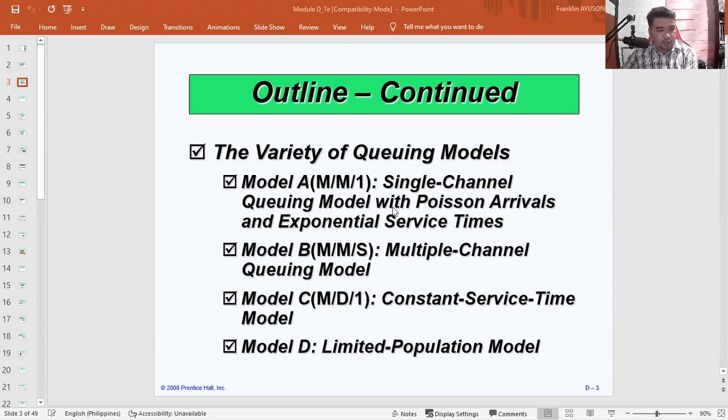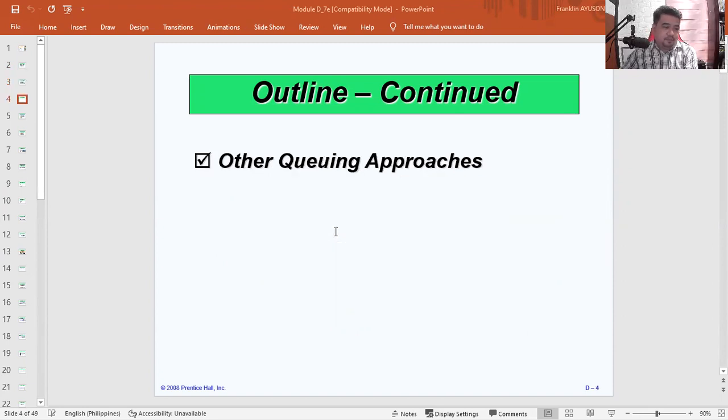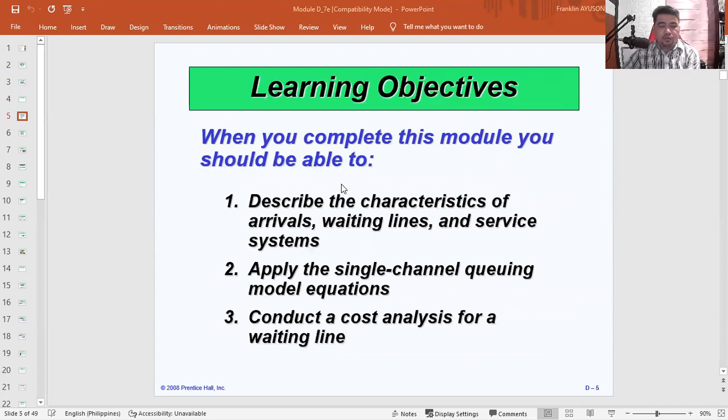To start off, we have the following learning objectives. Upon completion of this module, we should be able to describe the characteristics of arrival, waiting lines, and service systems.